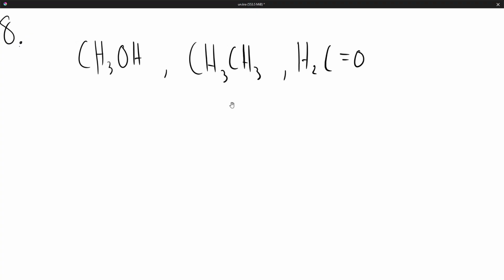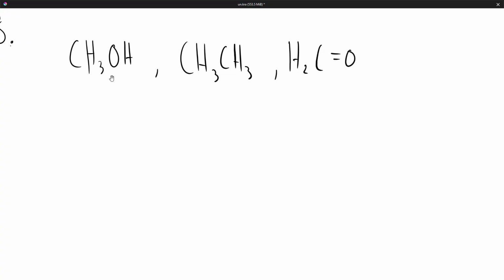It says in terms of decreasing surface tension, so we start off with the one with the highest surface tension first and work our way down. In other words, we want to start off with the molecule that has the strongest intermolecular forces present.